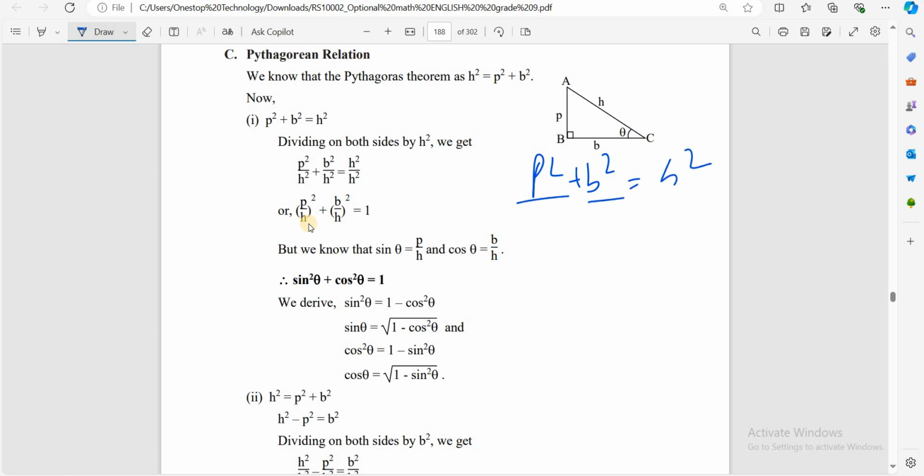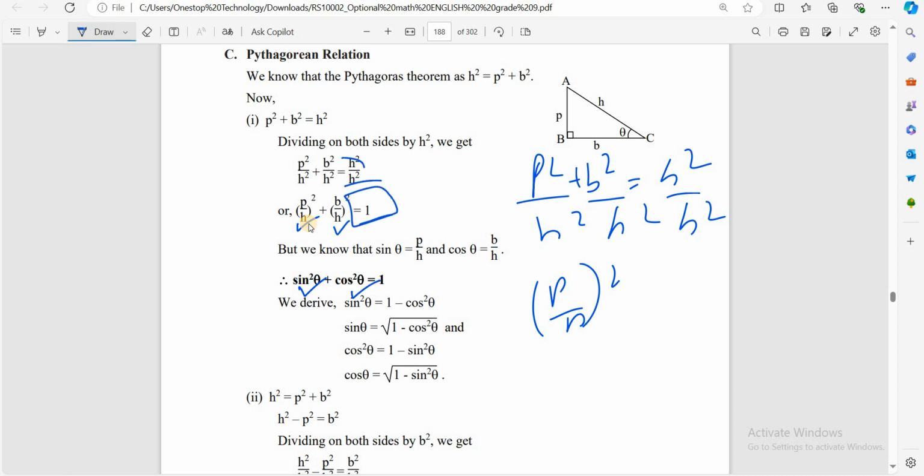If we divide everything by h square, then p by h whole square, and b by h whole square. It's sine square plus cos square, and h cancel, then it will become 1. So what we are getting is sine square theta plus cos square theta भनेको चाहिँ always 1.